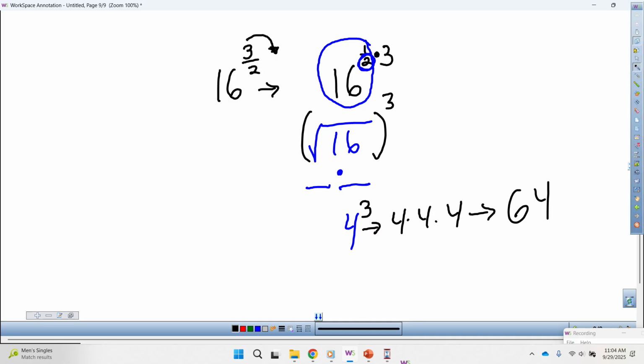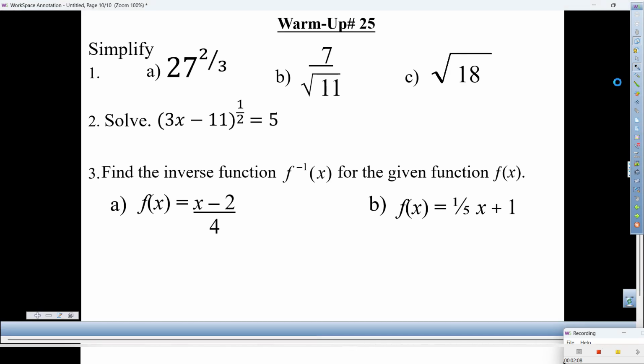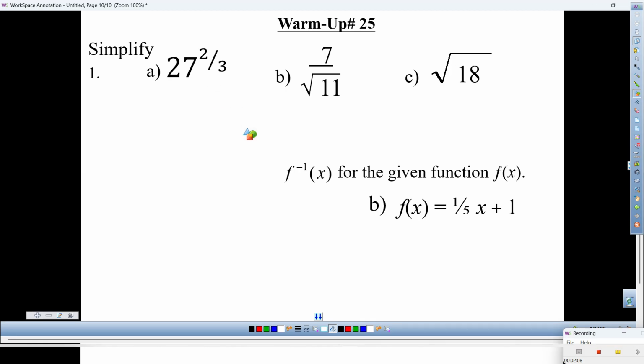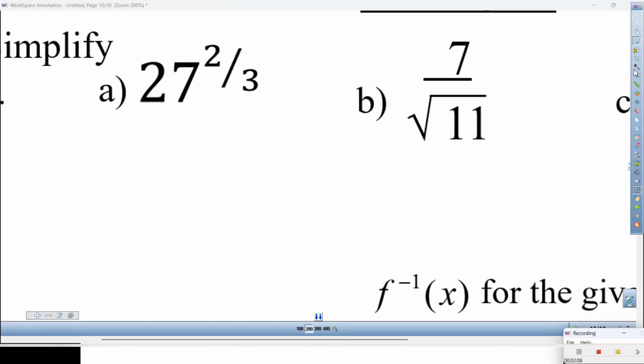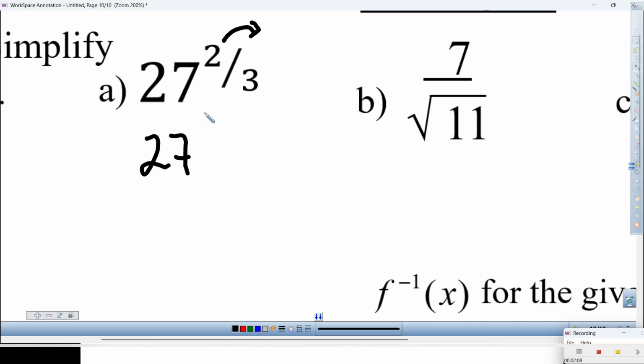So now with that said, let me go over number 1A. Again, we can't have a 2 on the numerator. It has to be a 1, and I bring the 2 next to that, so this becomes 27 to the 1/3 power times 2.